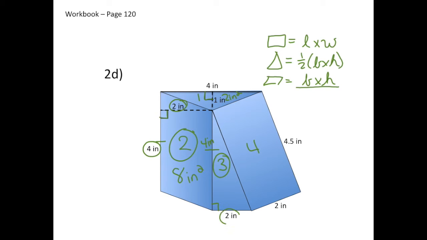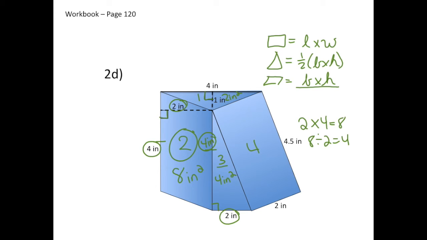So my base is 2 inches for my triangle, and my height is 4 inches. 2 times 4 equals 8, and then 8 divided by 2 equals 4. So the area of this third figure here is 4 inches squared.